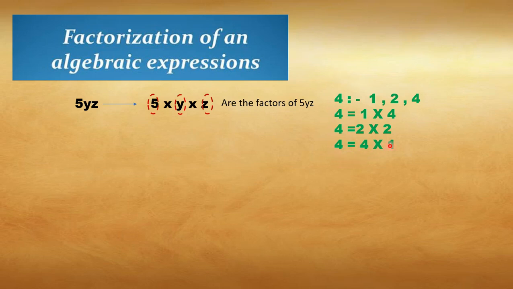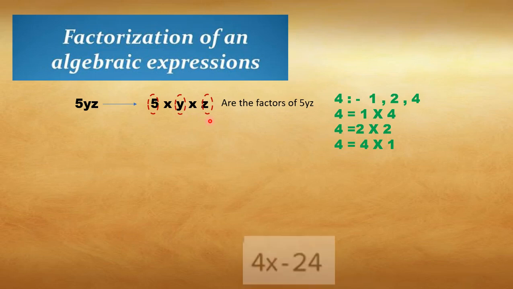So as 4 into 1, 4 and 1 are the factors. In the same way 5yz we can express as 5 into y into z. That means 5, y and z are the factors of 5yz.